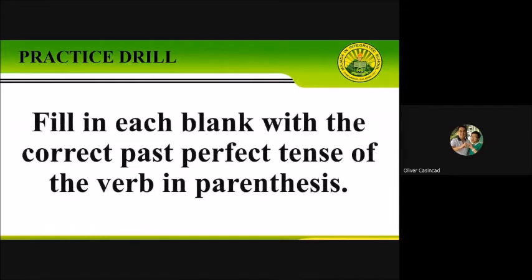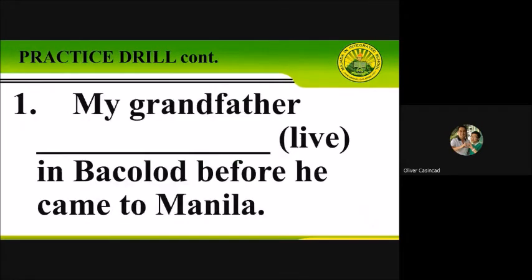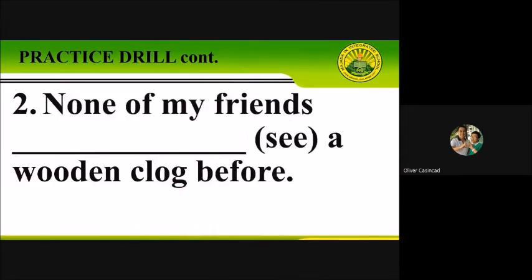So, practice drill. Fill in each blank with the correct past perfect tense of the verb in parentheses. What do you think is the past perfect tense of the verb in parentheses? The correct answer is had lived. Next.